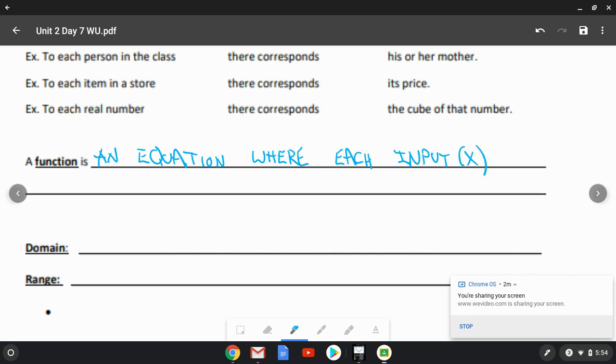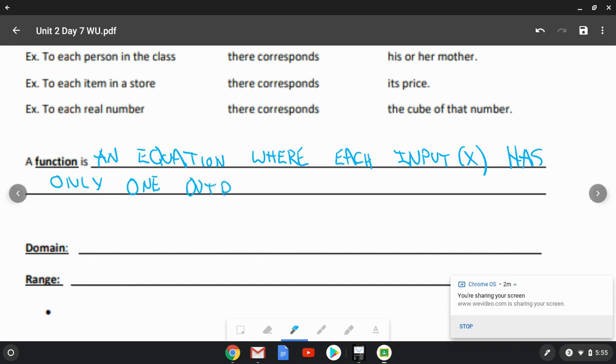So the inputs would be our x values, because that's what you plug in to graphs. You'd have an x value and you plug it in, you get a y value. And each input x value only has one output.